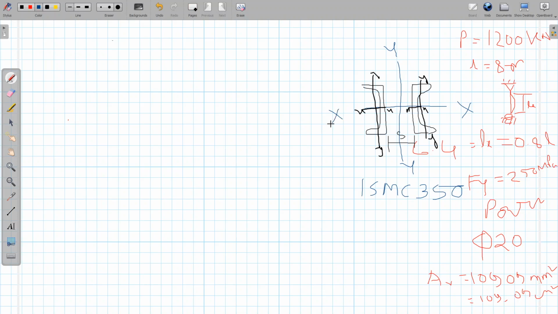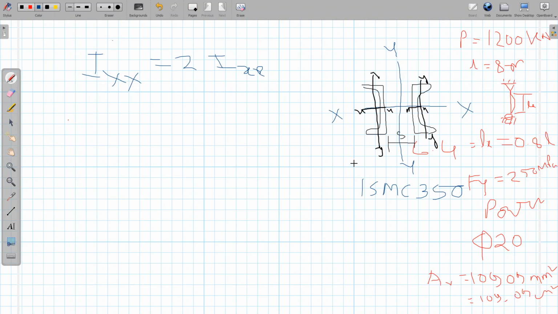Now if you look at this, the x-axis in both directions is overlapping. That means the moment of inertia about the x-axis of an individual channel, taken together globally, will be the same line, just multiplied by 2 since we have 2 sections. So the moment of inertia about the global axis will simply be 2 times the moment of inertia about the local axis.